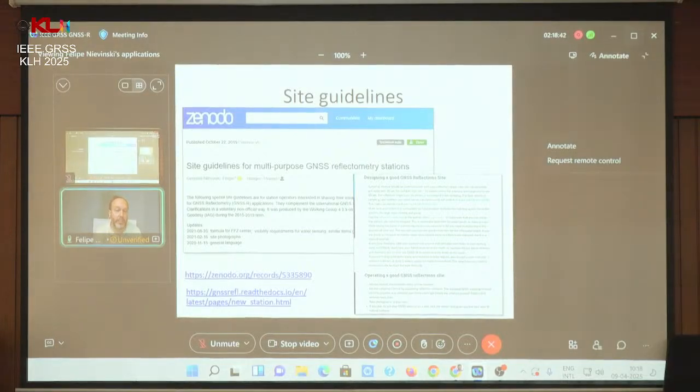Some station operators apply an elevation mask during the data collection, and it's not acceptable for reflectometry purposes. Also maximize the visibility to the water, avoid obstructions, especially in your near field. You don't want any metal stuff within a few meters of your antenna.